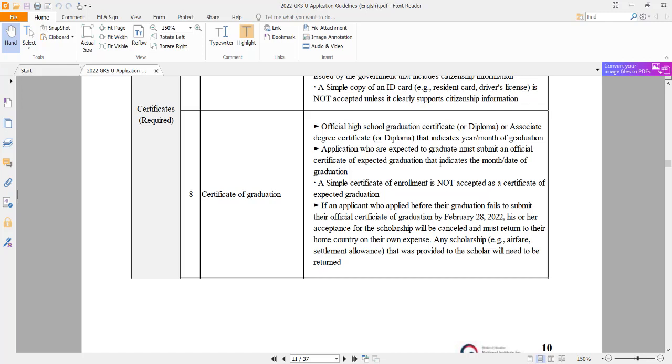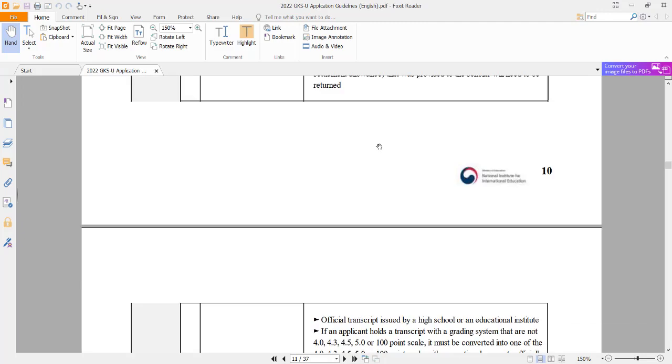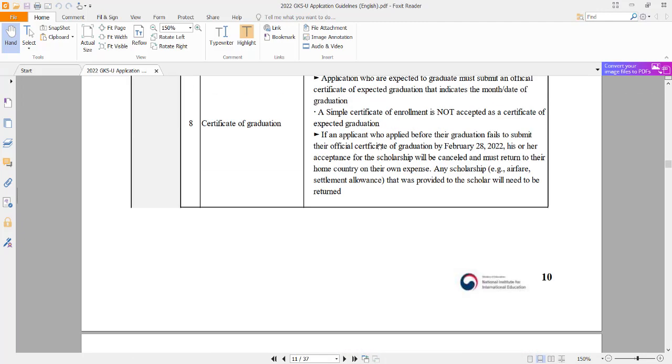And if you have not graduated yet, I will suggest you take a letter of expected graduation. That basically means you should ask your school to write a letter on your behalf that you will be graduating by this time, and your current status in the particular school or college.